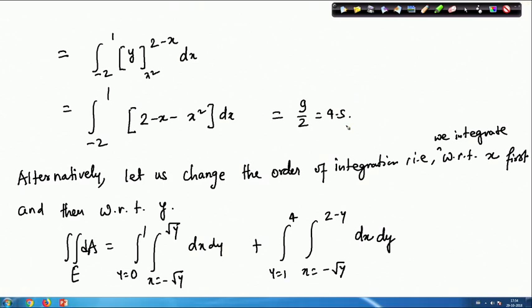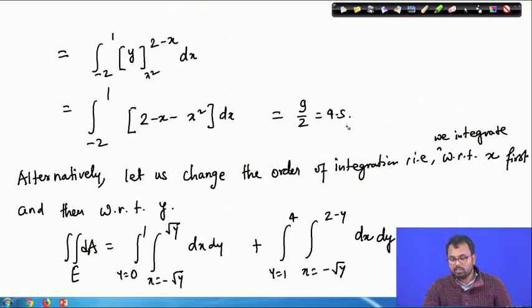But if we change the order of integration, then we are basically calculating two sub-integrals, and we also have to put in some effort to work out these two domains. So sometimes it is useful, sometimes it is not. It comes from intuition. You have to understand whether the integral can be integrated or not, and then we use the tool.